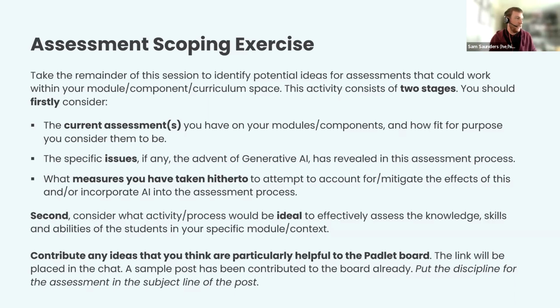And then think about the issues, if any, that the advent of generative AI has revealed in this process, and what measures you might have taken before to account for that or mitigate that. And then take all of that and think about what you actually might want to do. What activity or process would be ideal to effectively assess the knowledge, skills, and abilities of the student within that specific module or context? What is it that you actually want them to do?